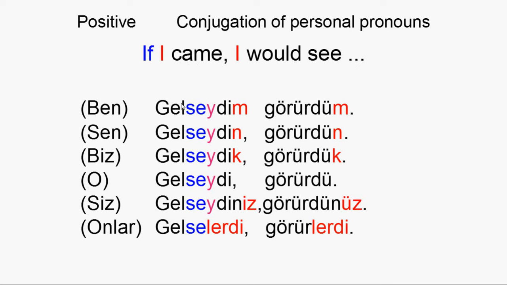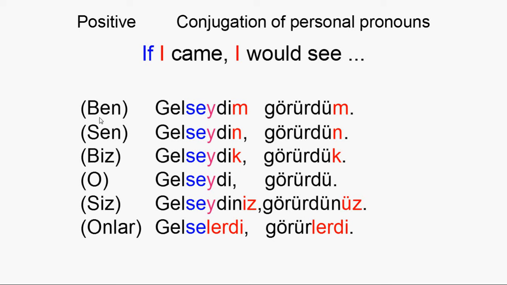That means ben, which means I, sen, you, biz, we, o, he, she, it, siz, you all, and onlar, they. As you see here, at the end of the verbs we use m and k, and there's nothing for third person, and lar or ler depending on the word. This shows the personal pronoun suffixes, guys.